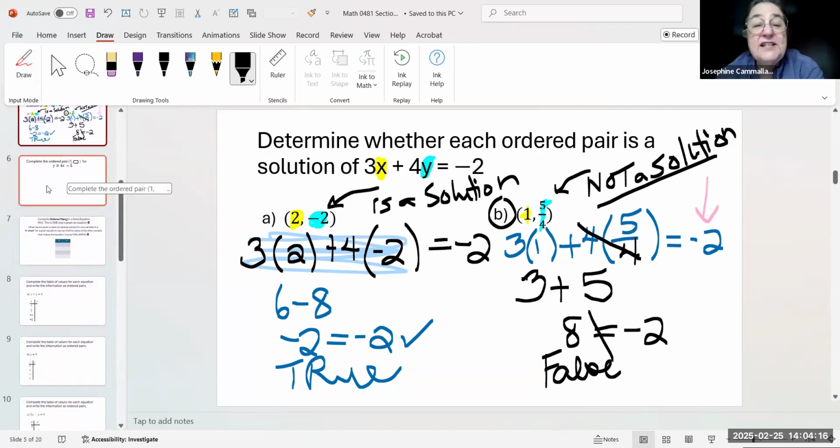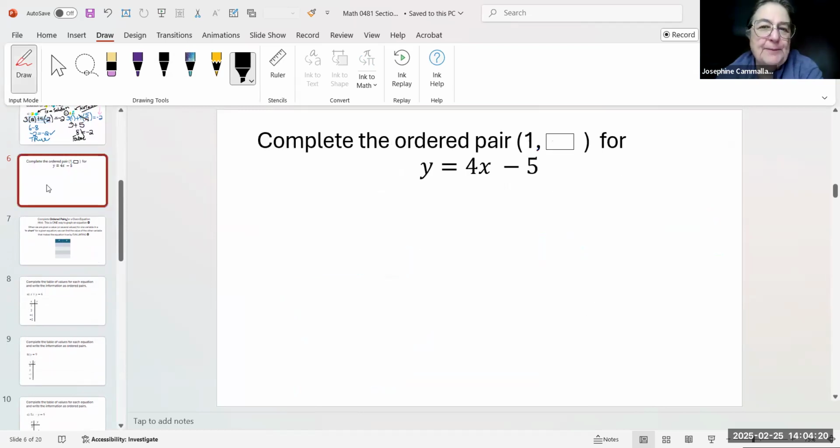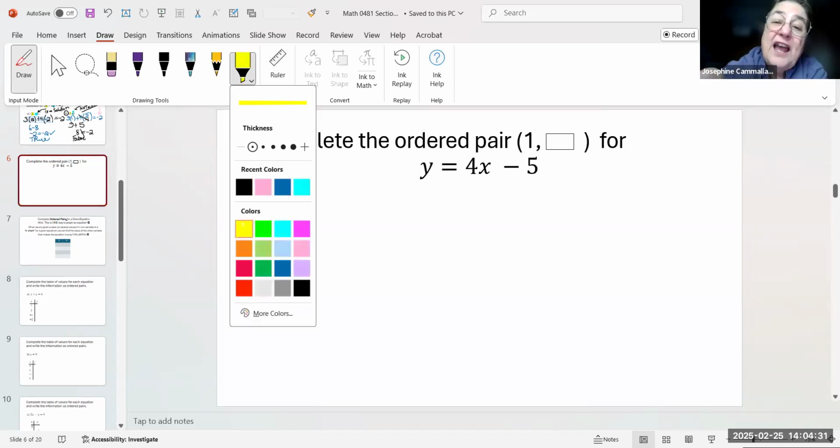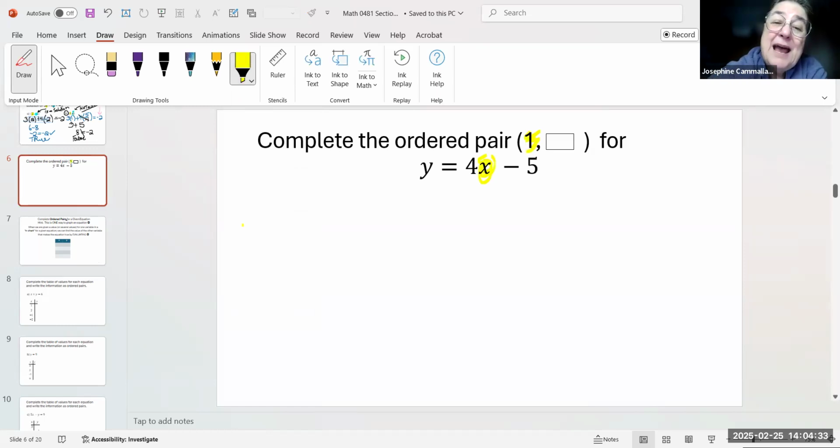Now, this is the same question, but it's kind of in reverse. This is asking you to complete the ordered pair. Now, you have to remember that this first value is my x value.